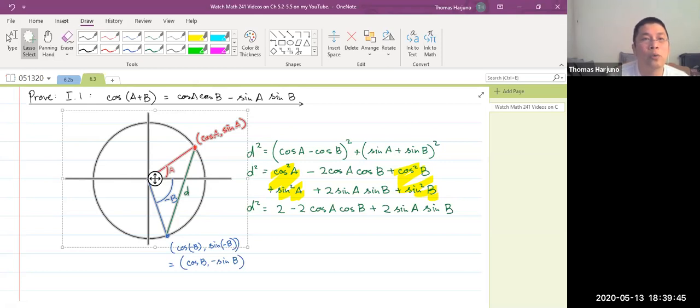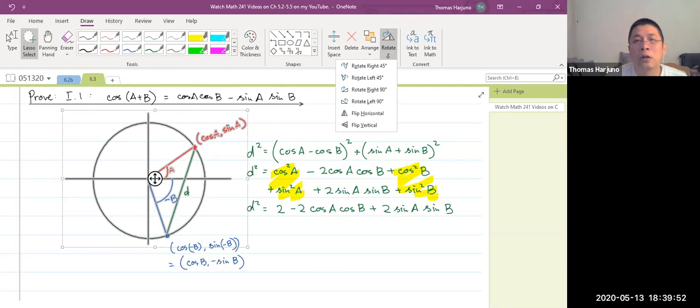Unfortunately, on my notes here, I cannot rotate it to any angle. I can only rotate it 45 degrees or 90 degrees. So that's not what I will do.